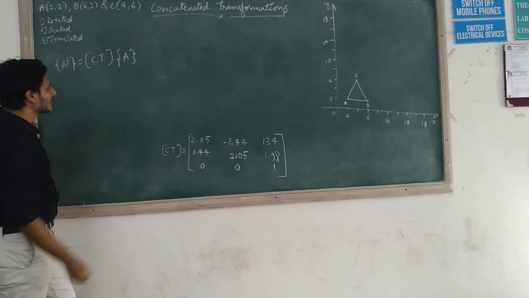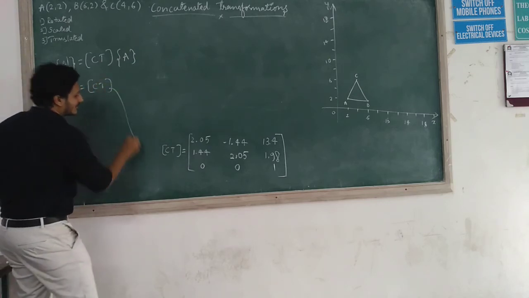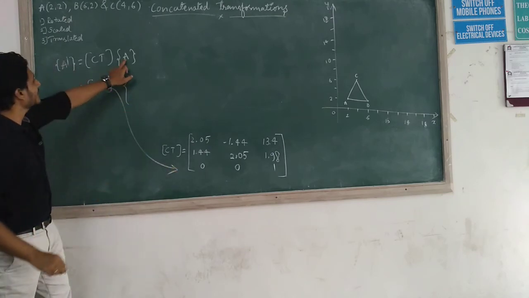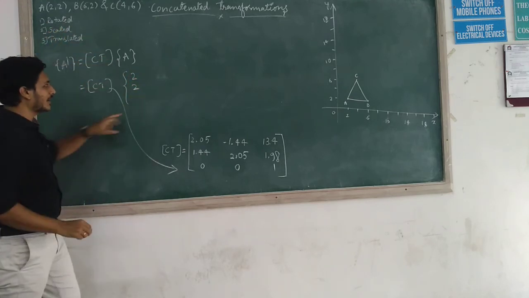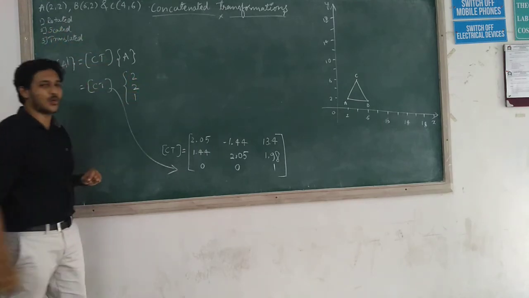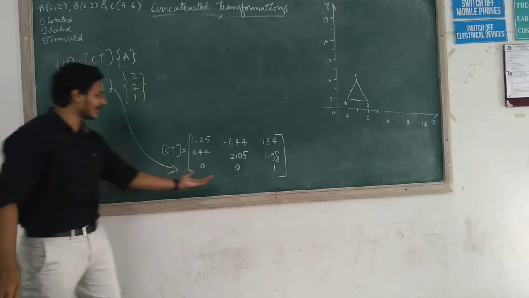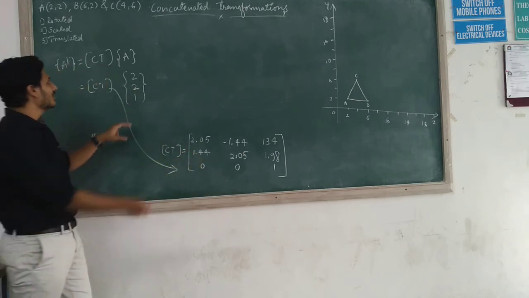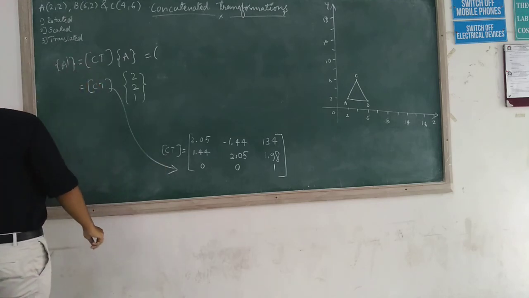So what is the concatenated transformation? This multiplied with the point A as 2, 2, and 1, the homogeneous coordinate. Once we multiply this concatenated transformation with the point A, we are going to have the coordinate points.